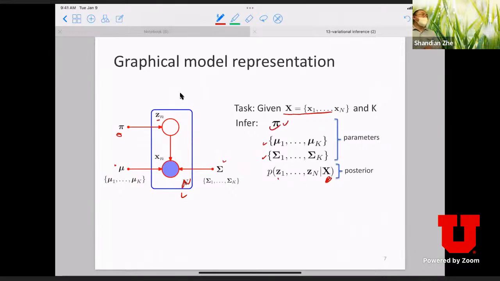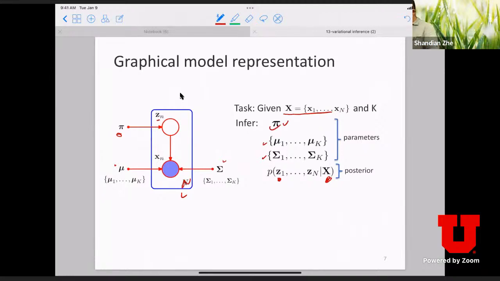This is something we're really interested in, which actually indicates the clustering result. So what kind of cluster membership should better fit the whole data distribution? That's what the posterior distribution is supposed to tell us.